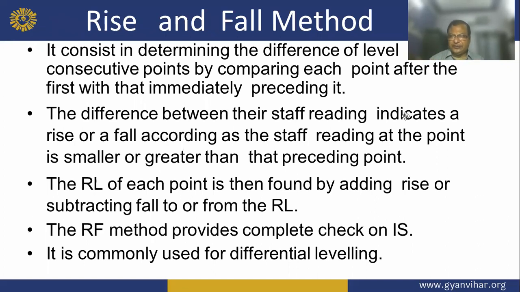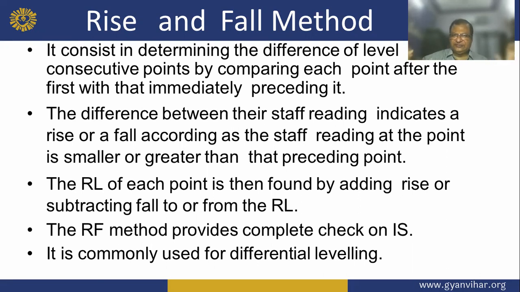Another method is separate, that is the rise and fall method. It consists in determining the difference of level between consecutive points by comparing each point after the first with the immediately preceding one.